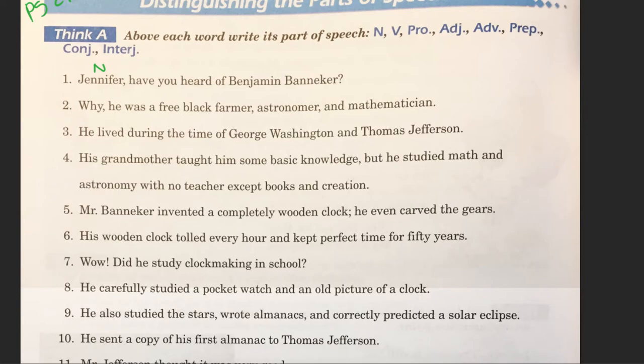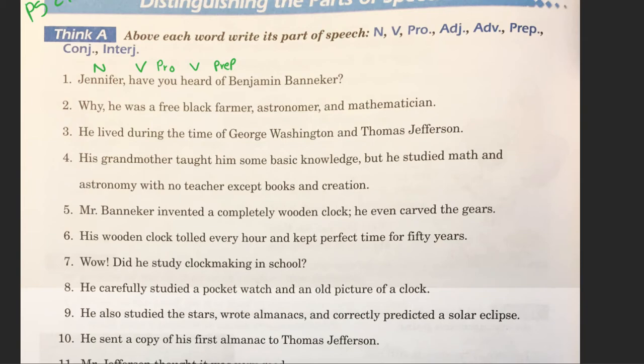Have. What do you think have is? Yes, have is a verb. Have is an action, something you can do. Having something is an action. Or the monkey has the box, right? You is a pronoun. Heard is a verb, an action word. Of is a preposition.